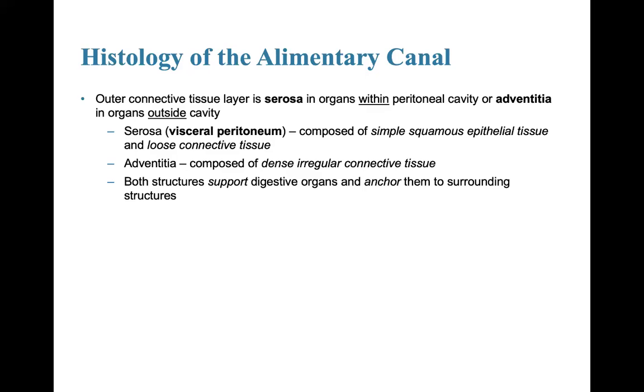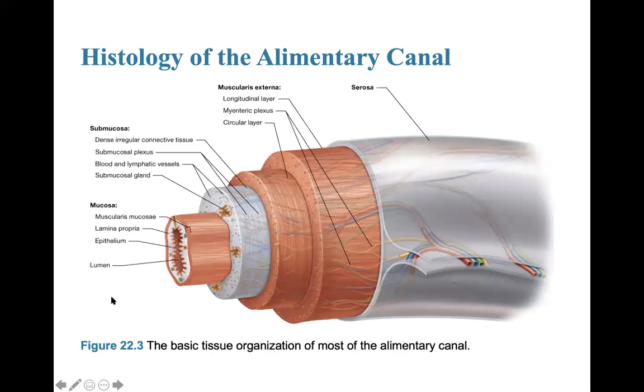Both of these structures will support the digestive organs and also anchor them to surrounding structures so that you don't end up with GI tracts that are just sliding all over the place, which could be bad because you can end up knotting up things. Which is not going to be good at the end of the day. And here we can see those four layers: our mucosal layer, submucosa, muscularis layer, and then the outer serosa.